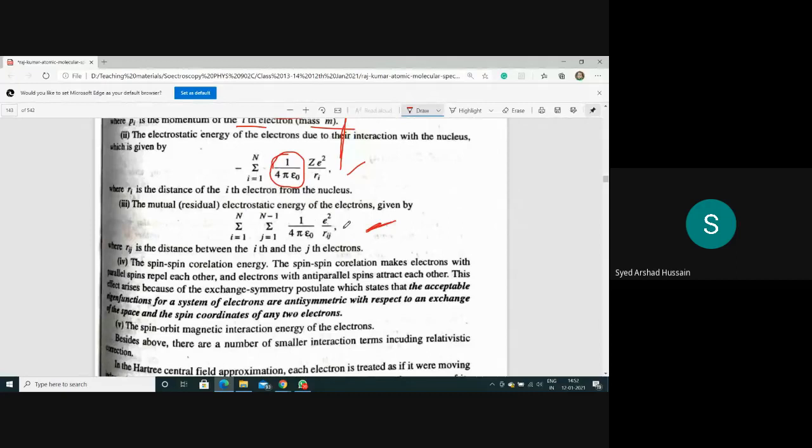So you will have a term like this where the ith electron will interact with all the remaining electrons. So j equals 1 to N minus 1, excluding the electron which you are calculating.